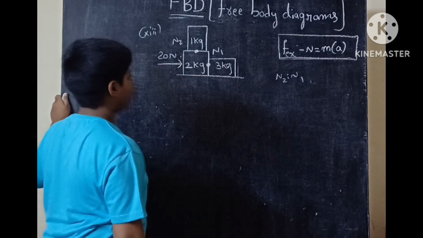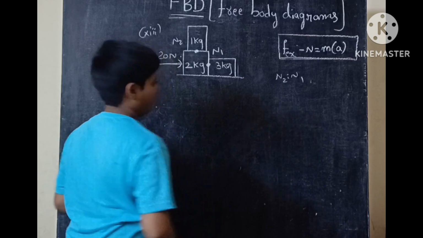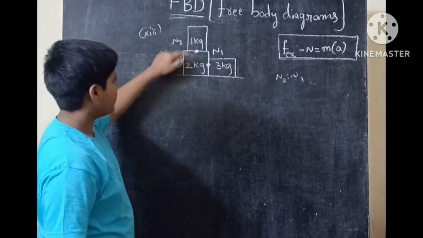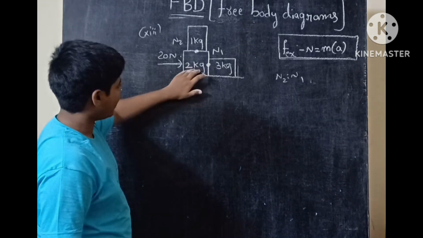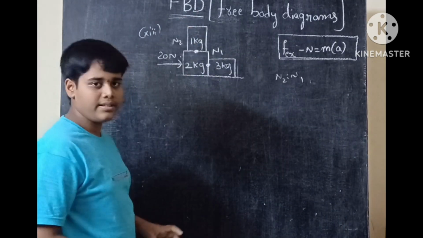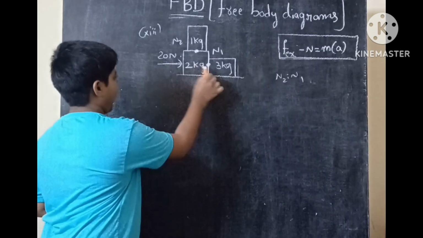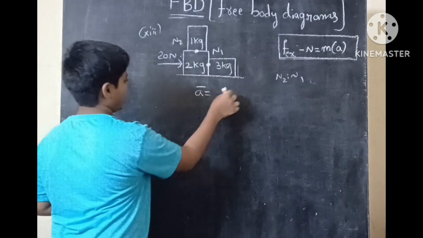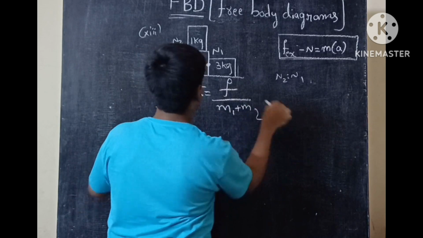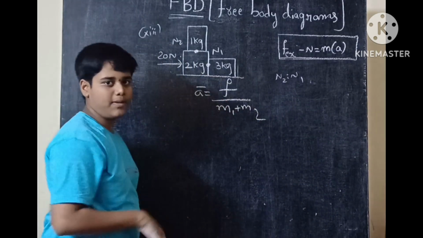So this is the 13th case. For finding the acceleration, here there is a different case. Here the 2 kg body is acted on by the 1 kg body, so there is no effect on the acceleration. As usual, we consider the total mass, because there are 2 bodies on a horizontal plane.